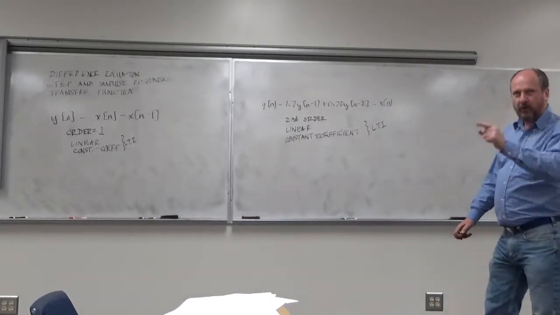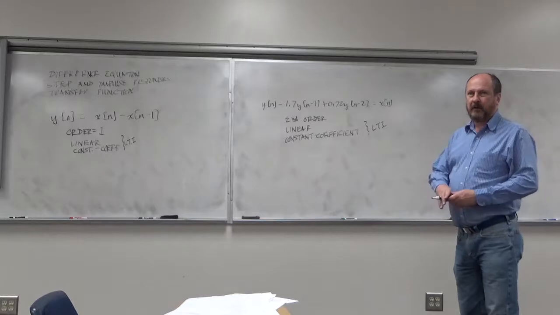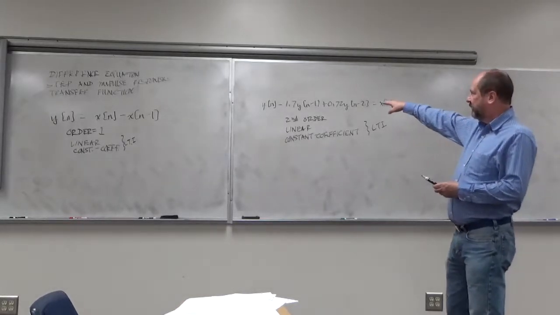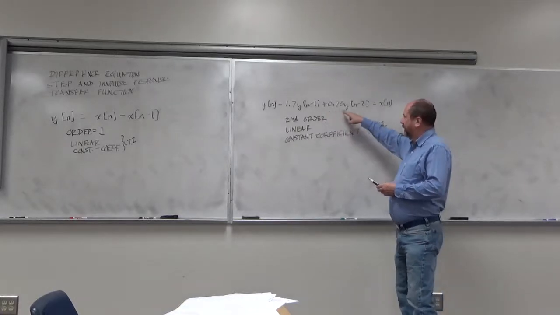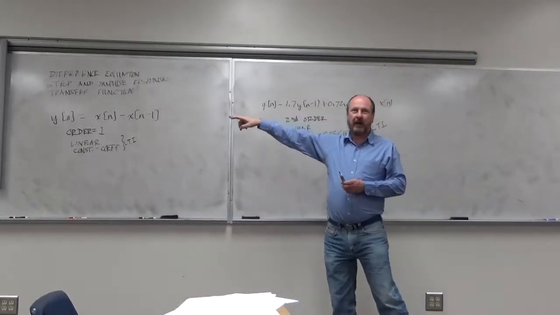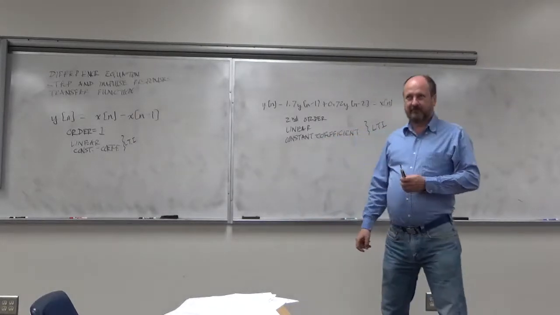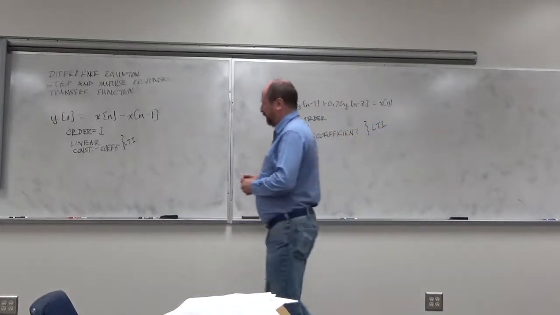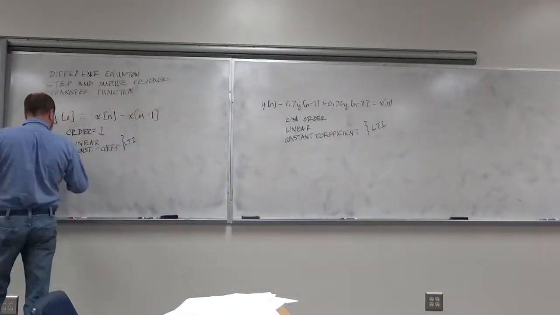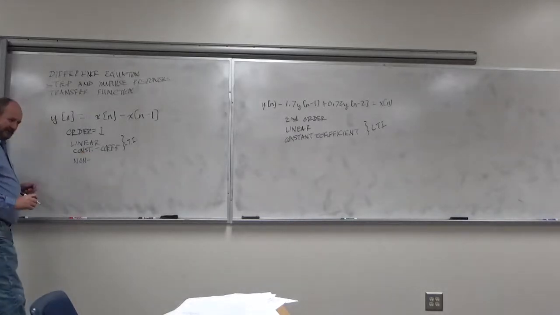What is that one word that distinguishes those two? Notice the difference is that here there are multiple output terms. Over there, there's only one output term. What is the word? I'll get you started over here. This one is non-unique.